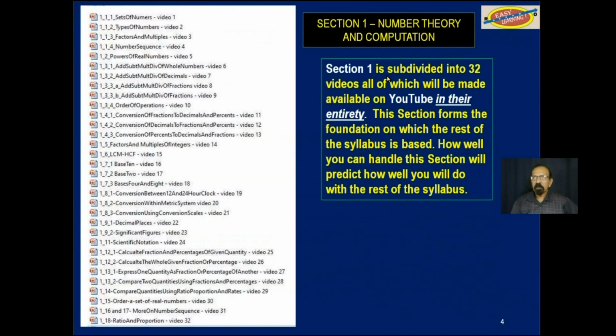As pointed out, this section 1 has 32 videos, all of which will be made available on YouTube in their entirety. Please make sure you know section 1 very well before you go on.